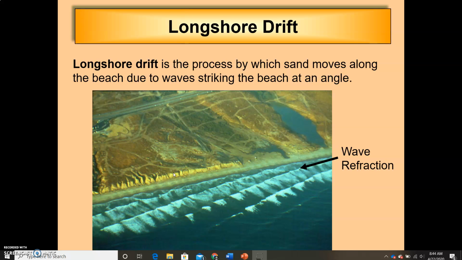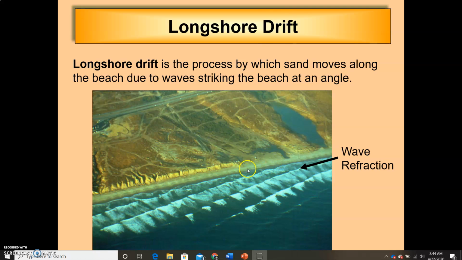So longshore drift. I haven't got into that yet, talking about what longshore drift is. Basically, longshore drift is the process by which sand moves along the beach due to waves striking the beach at an angle. It's showing right here the wave crest, and the waves are going to refract or bend towards the shoreline when they hit.